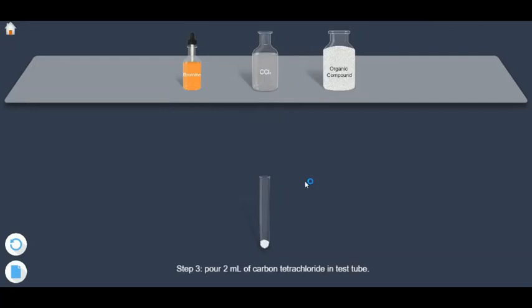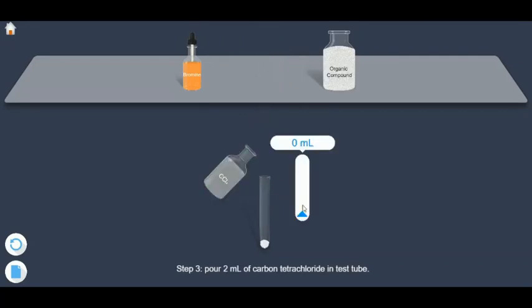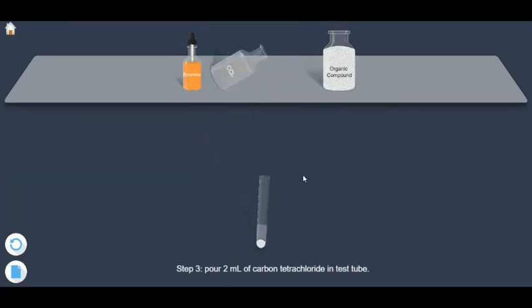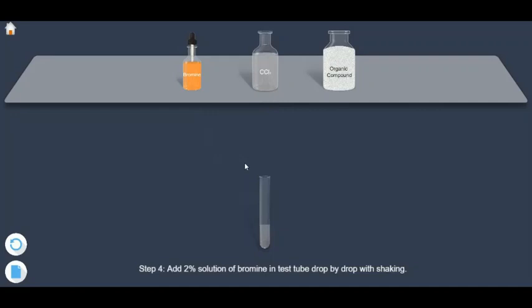Pour 2 ml of carbon tetrachloride in test tube. Step 4. Add 2% solution of bromine in test tube drop by drop with shaking.